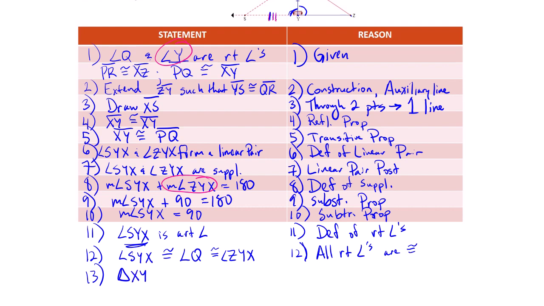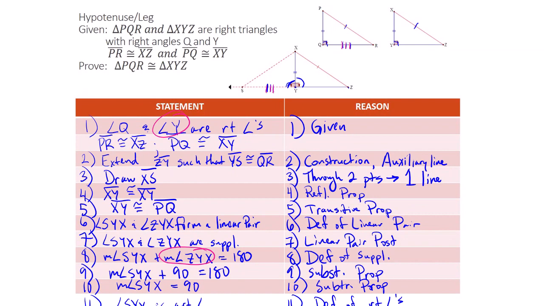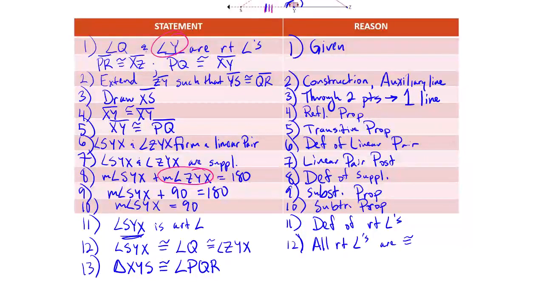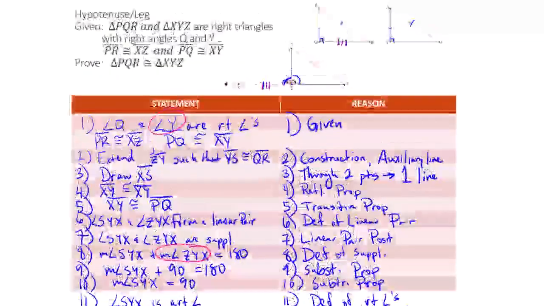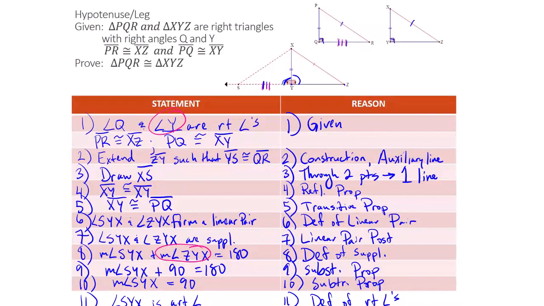Make sure I got the letters in there right. X corresponds with P, Y, Q, S, R. Okay, and we can say that by SAS, side angle side.